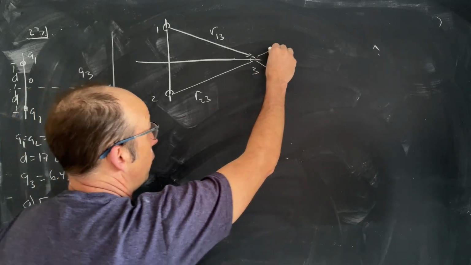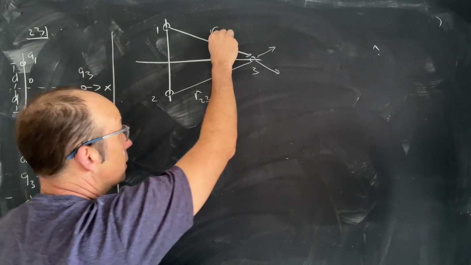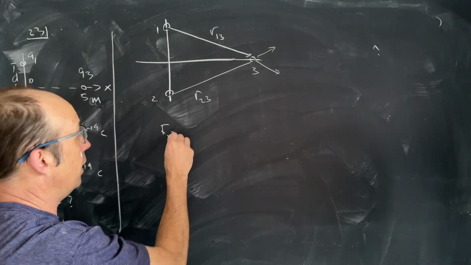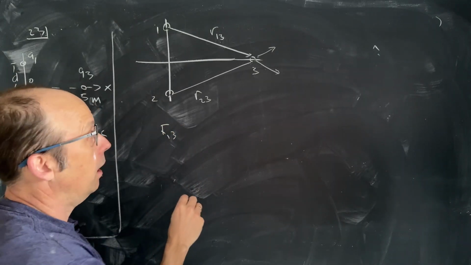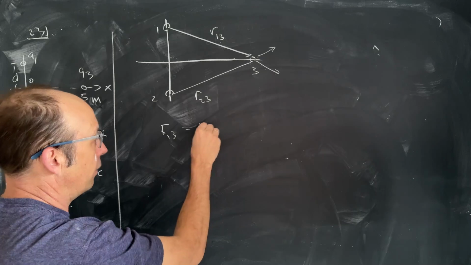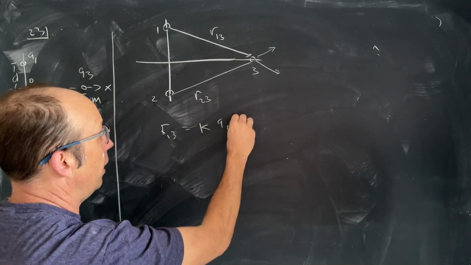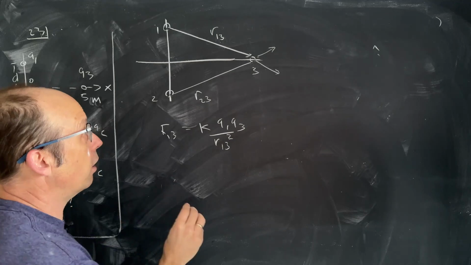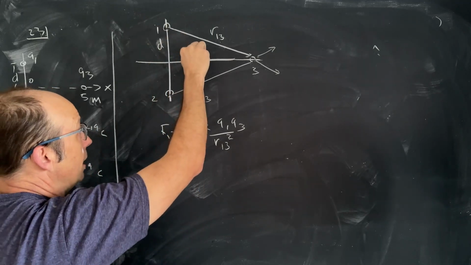So I'm going to need to find these two forces and that distance, but let's just start with 1,3. So F13, the magnitude of it, is going to be equal to k Q1 Q3 over R13 squared. So what's R13 squared? Well, this is d, and that's x.